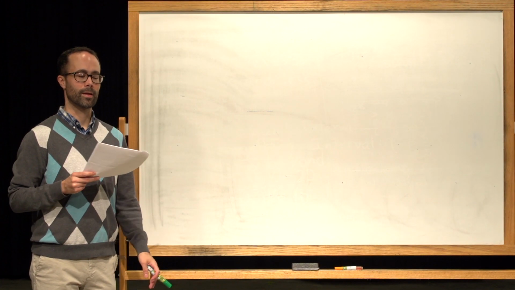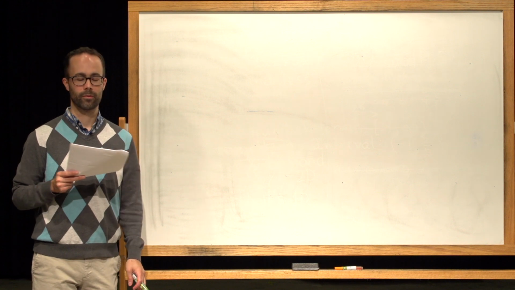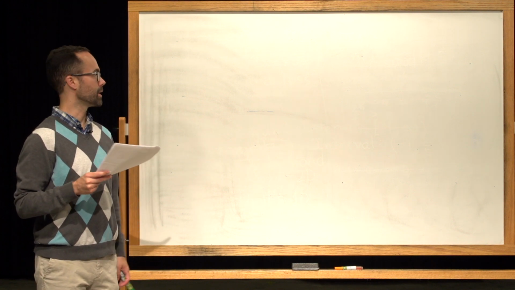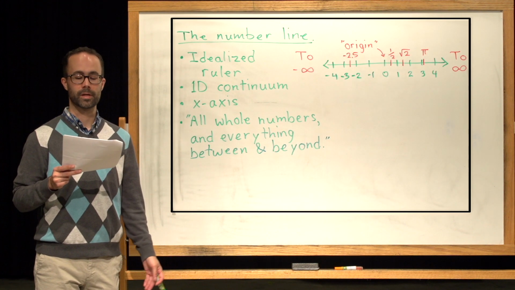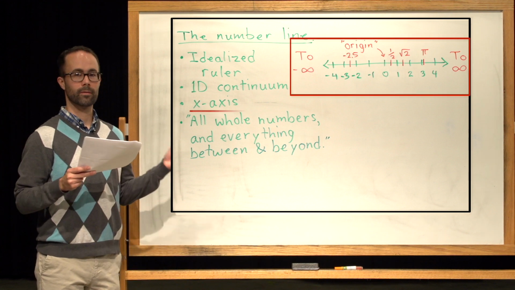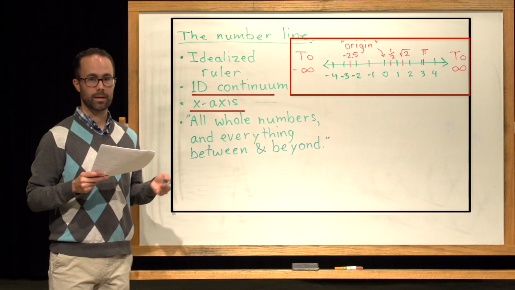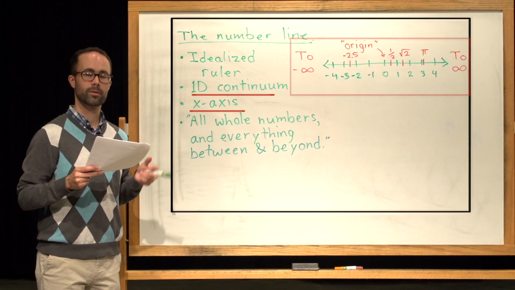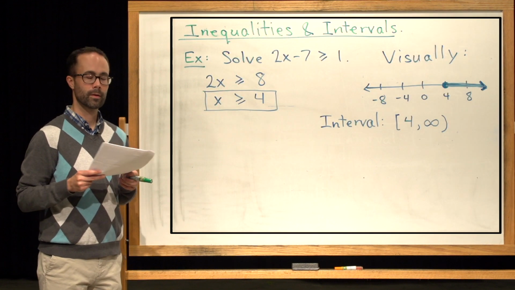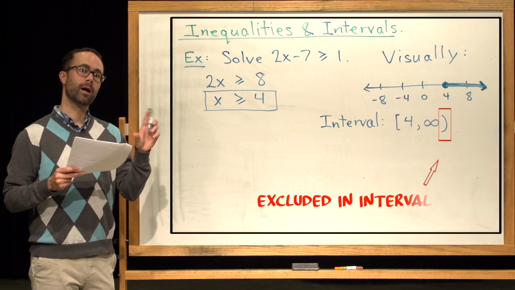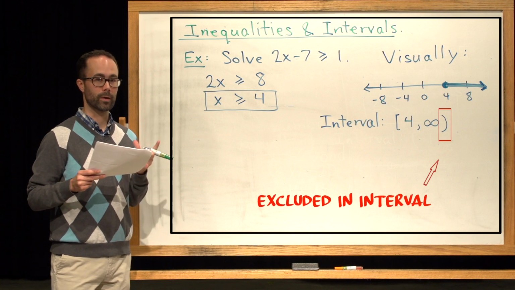So let's recap everything from this video. There are a number of different things we did. One of the first things is to note that intervals on a number line, or we think of it as an x-axis or a one-dimensional continuum, are represented with pairs of numbers. So we list two numbers to indicate the interval. If there's parentheses on either endpoint, that means that we're excluding it.